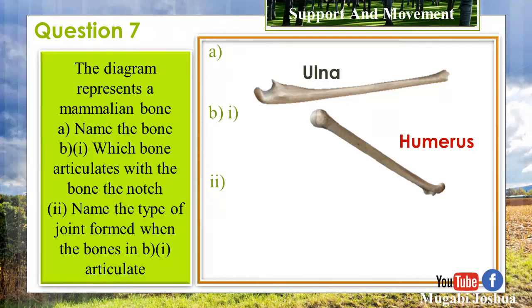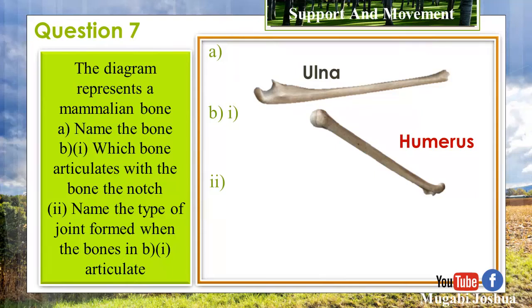Then part B, part 2, requires us to name the type of joint formed when the bones in B1, the ulna and the humerus, articulate.